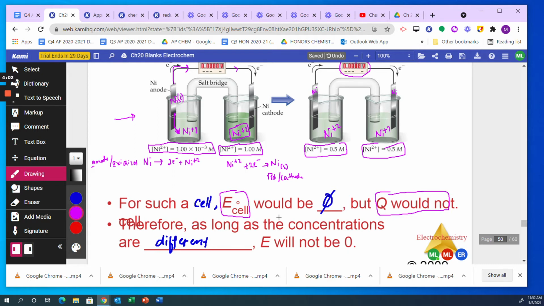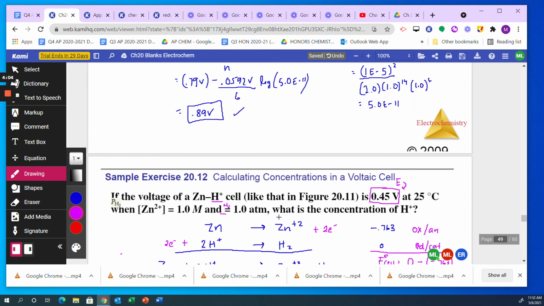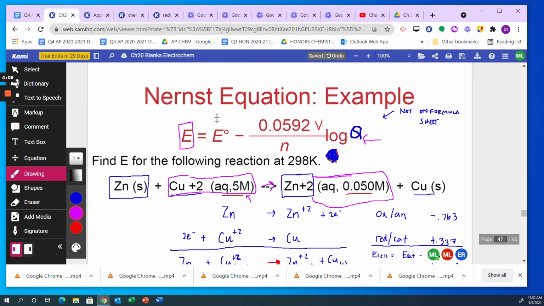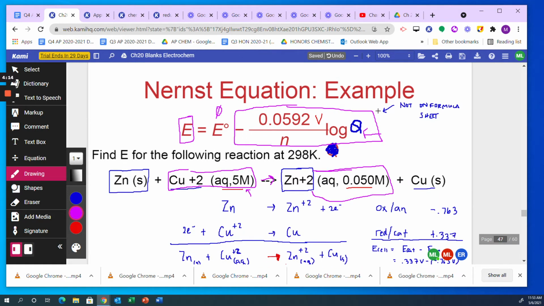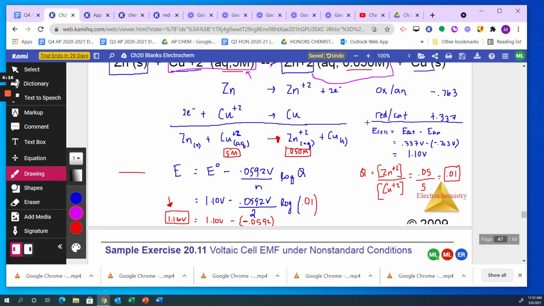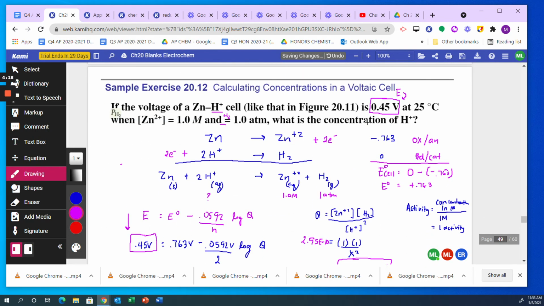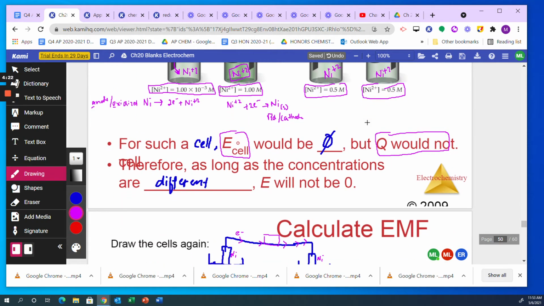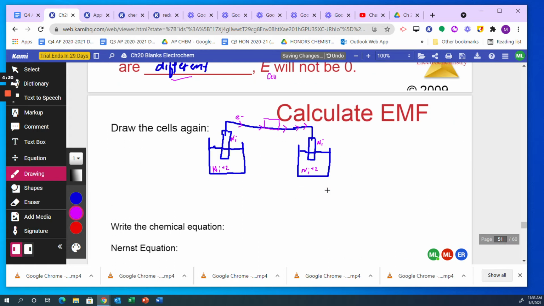Therefore, if you use the Nernst equation right here, even though this will be 0, you're going to get a value right here, and that's going to give you some voltage because Q is not going to be 0. As long as you have different molarities, the E of your concentration cell, not E naught, will not be 0. Okay, let's do an example.